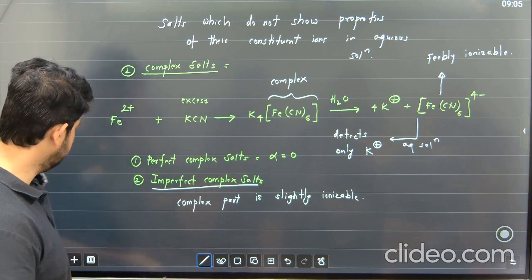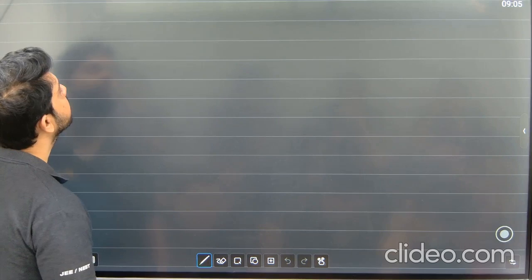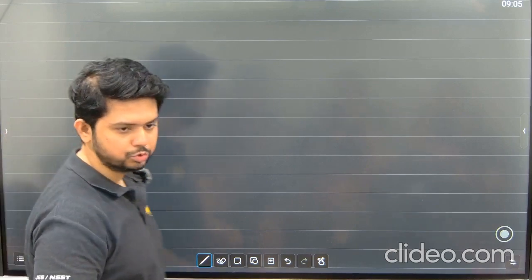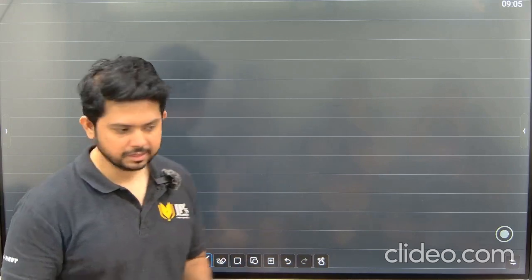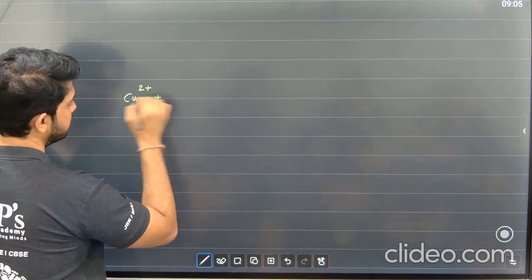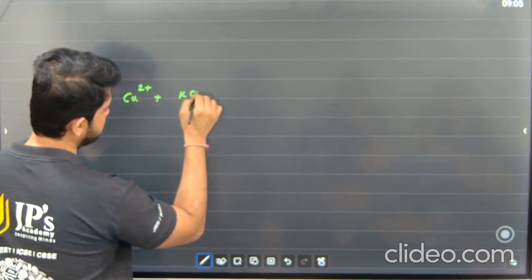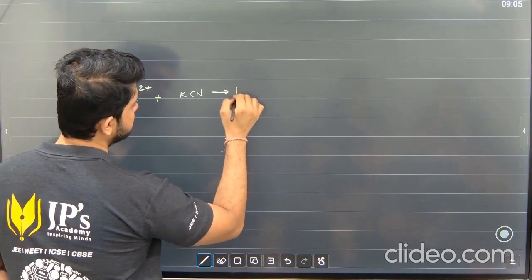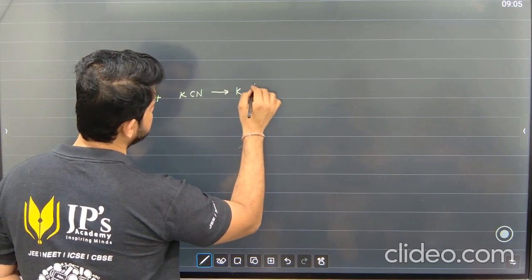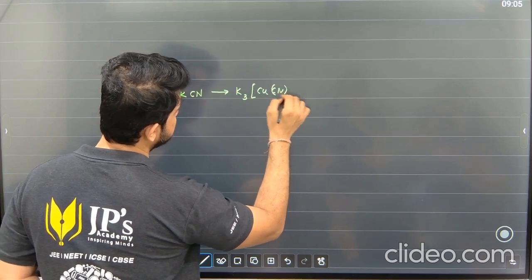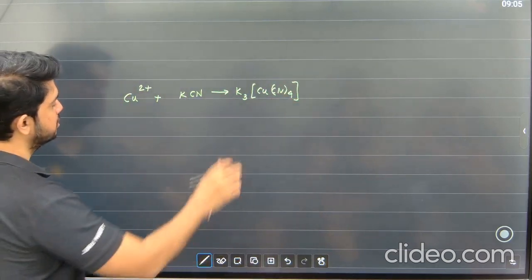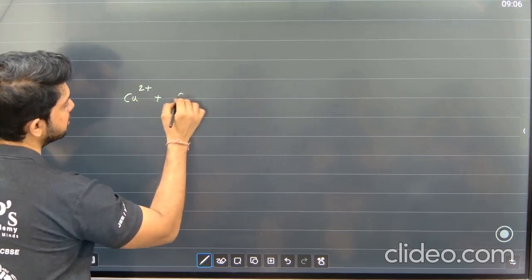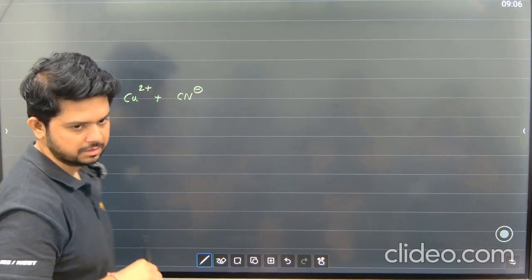Let's take one more example of a complex salt. Let's say we have Cu2+ and I have KCN. Let's have Cu2+ and cyanide ion, CN-.